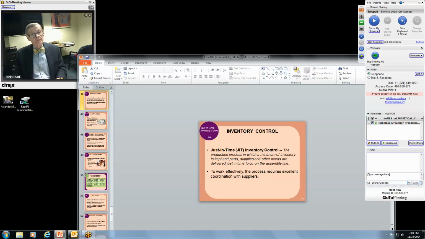The object here is that the manufacturer and the manufacturer's suppliers work together, and the supplier delivers the raw material to the manufacturer just in time for production. Now, that doesn't necessarily mean it's going to come right at the time they're ready to do that production. In other words, if production is going to start at 7:05, the product's not going to get here at 7:07.